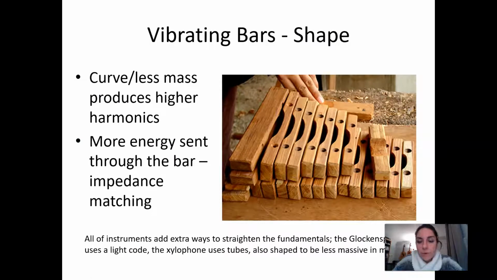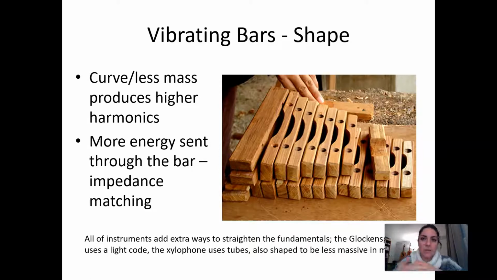So if you notice, another thing you never think about, right? Here's another thing that's really interesting about the vibrational bar shape, that the inside's actually carved out. It's not just this big thing of wood. What happens is because of the shape of it, it actually allows for the energy to travel more freely with a thing called impedance matching.